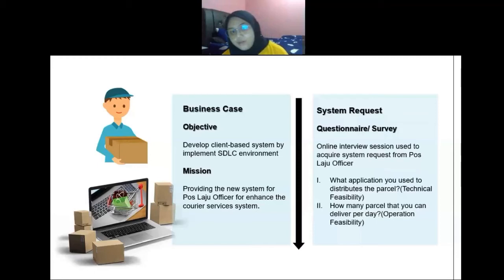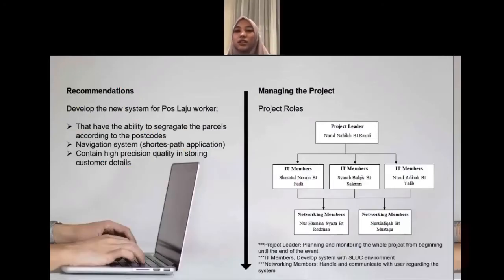So we are spreading our Google form, and this is an example of the questions that have been asked, which is what application you use to distribute the parcel, which is to test the technical feasibility. And the second is how many parcels can you deliver per day, which is to test operation feasibility. Next.